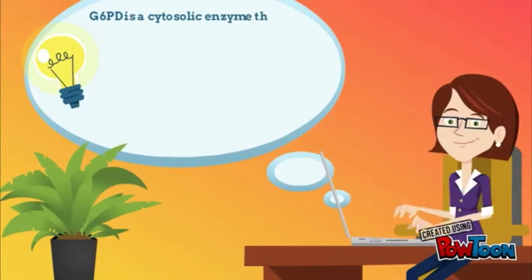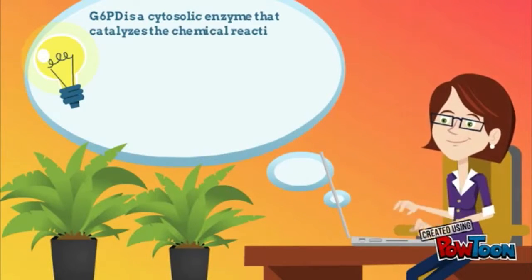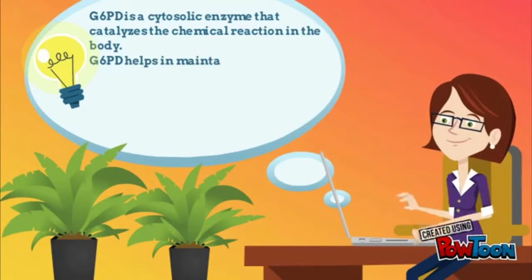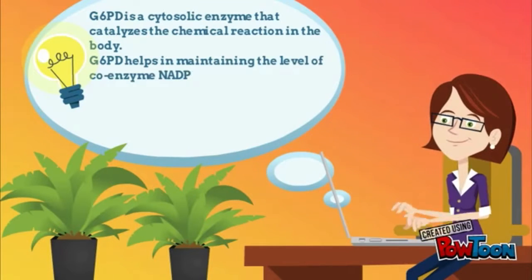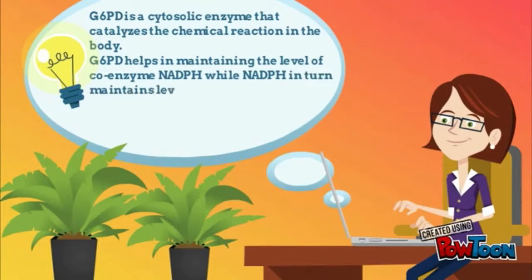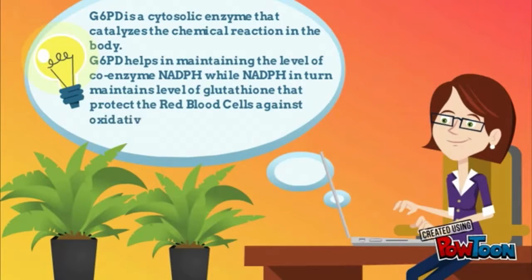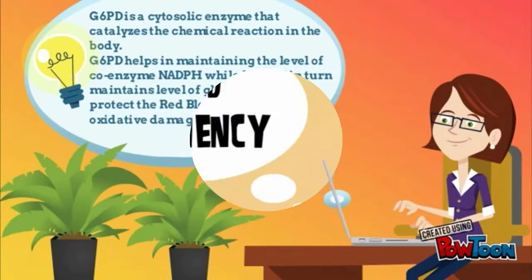G6PD is a cytosolic enzyme that catalyzes the chemical reaction in order to maintain the levels of coenzyme NADPH, which in turn maintains the level of glutathione in the cell in order to protect the red blood cell against oxidative damage.